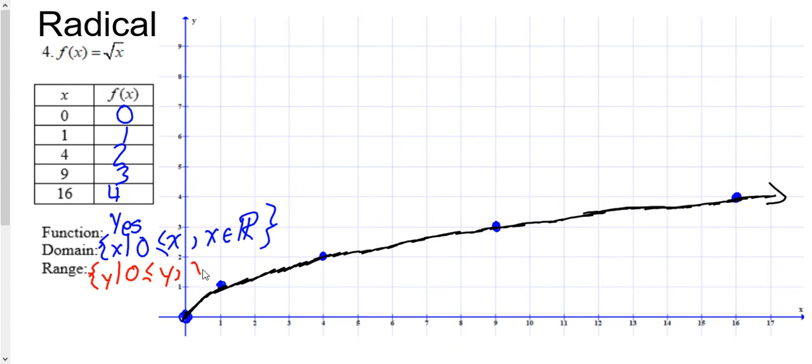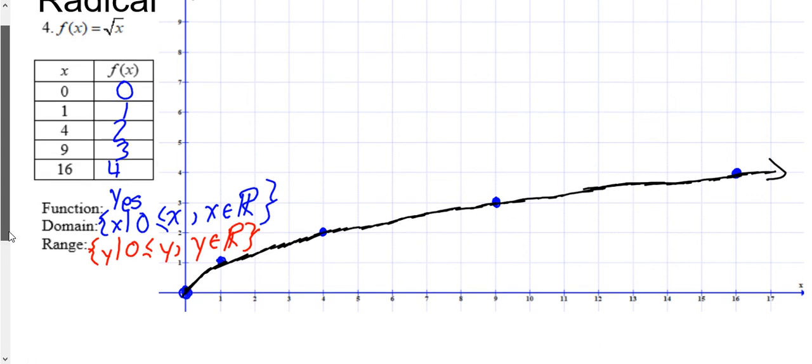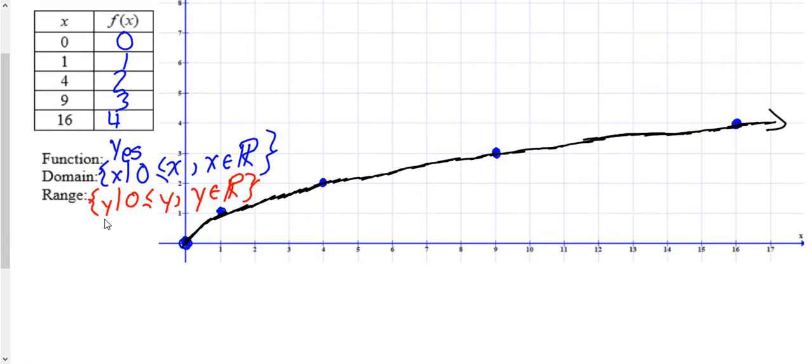Our second condition, y can be an element of a real. Y is an element of real, meaning y can be every number bigger than or equal to 0, whatever you can think of. Fractions, decimals, usually are in there. You can pick whole numbers, whatever you can think of, really. Real number is every number.